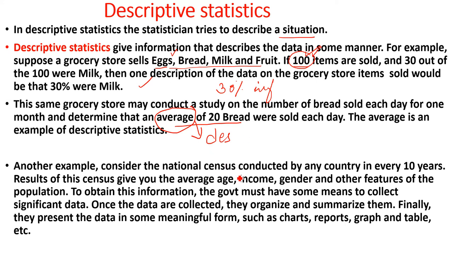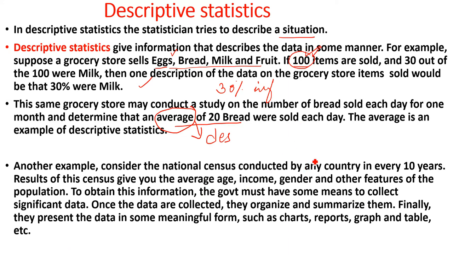Another example is the census conducted by any country every 10 years. Results of this census give you the average age, income, gender and some other features of the population. To obtain this information, the government must have some means to collect significant data, right?